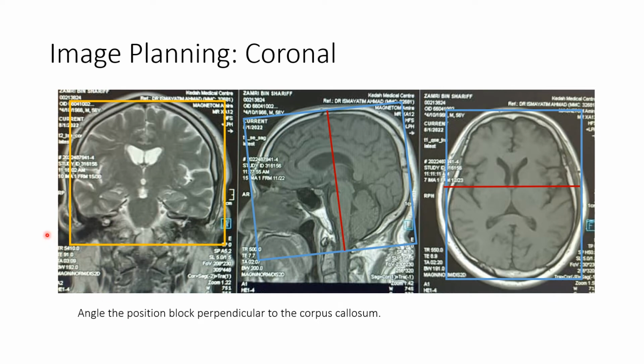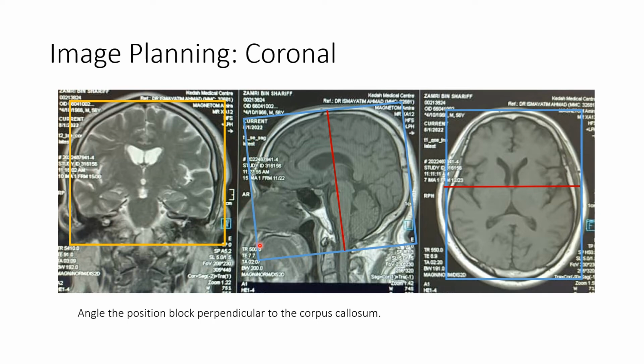For image planning coronal scan, the yellow block indicates the coronal images, the desired images that we want to scan. We plan on the sagittal images. You can see the blue box.